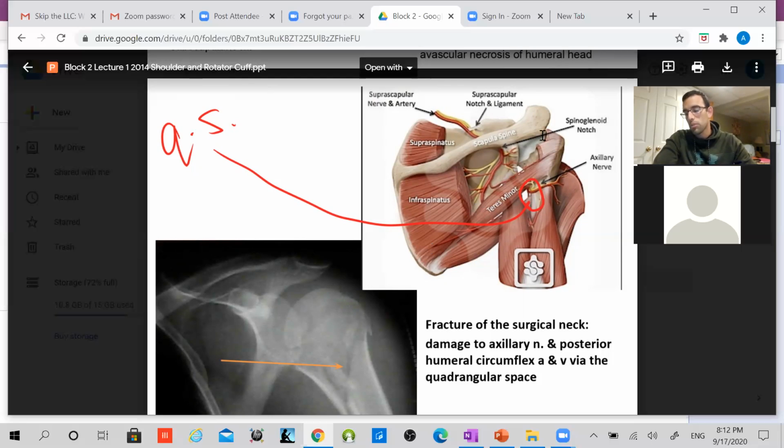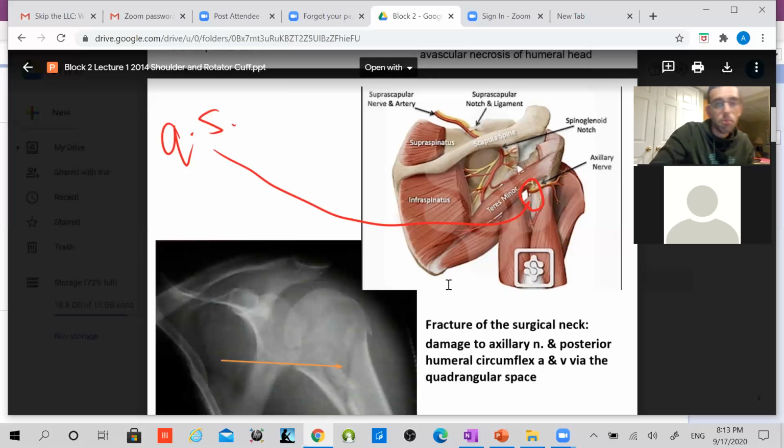Now, when it comes to nerve involvement, it actually makes life a little easy. Supraspinatus, the nerve, is a suprascapular nerve. When it comes to the infraspinatus, we're also looking at the suprascapular nerve. Teres minor, we're looking at the axillary nerve, and subscapularis muscle is a subscapular nerve.